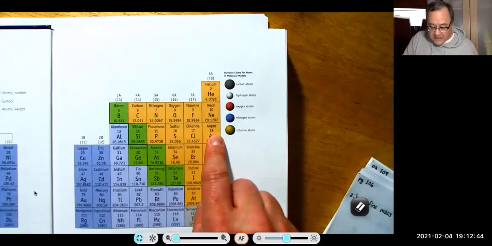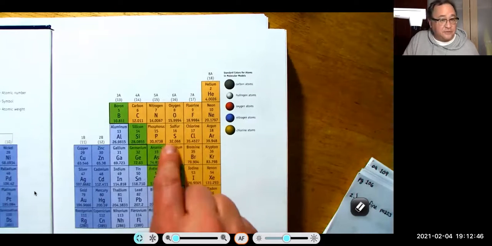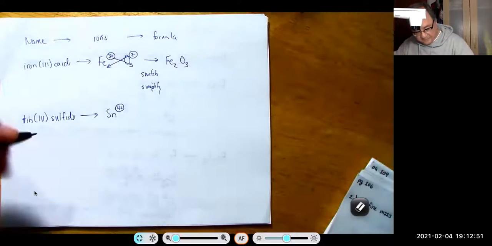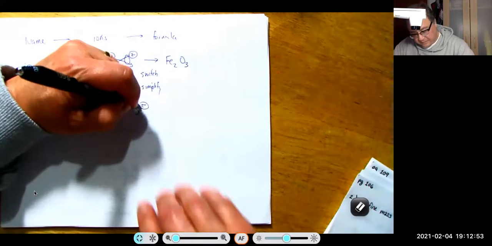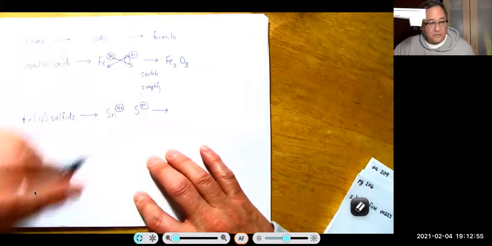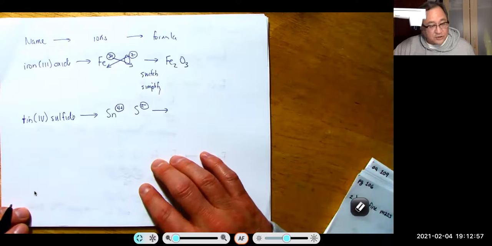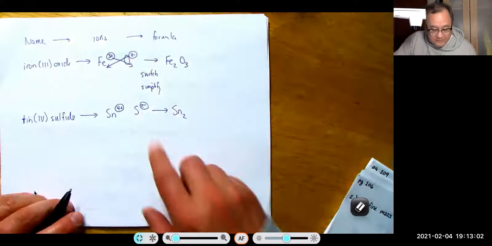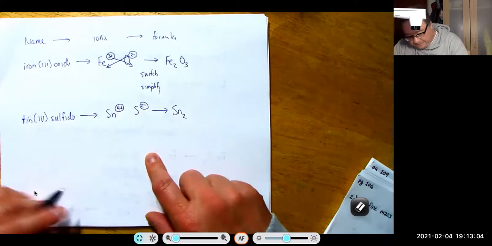Zero, -1, -2. Okay, here's the switch. The 2 becomes the subscript for tin.